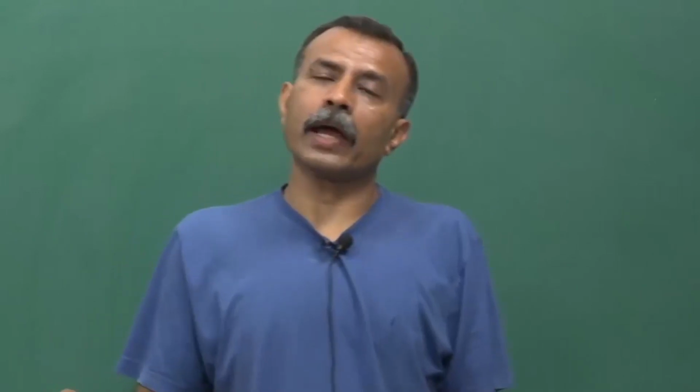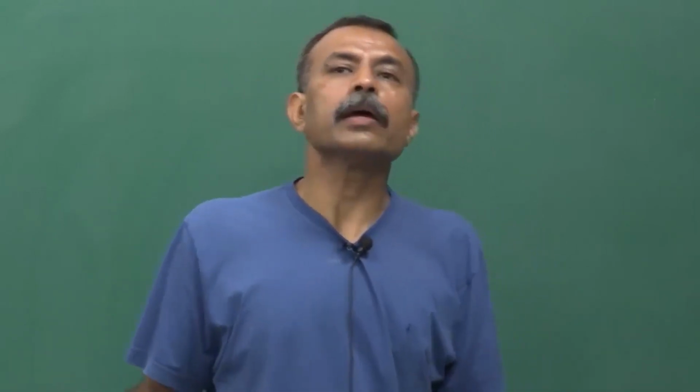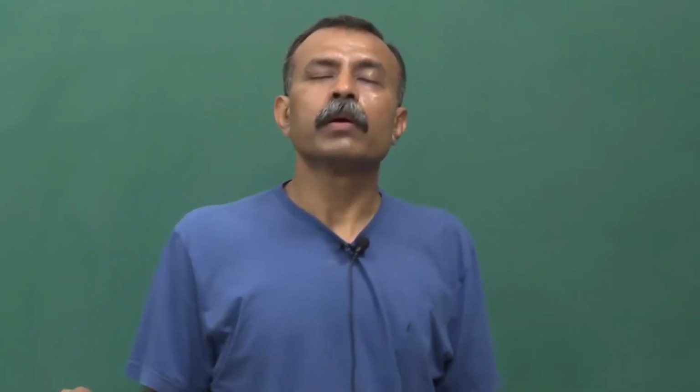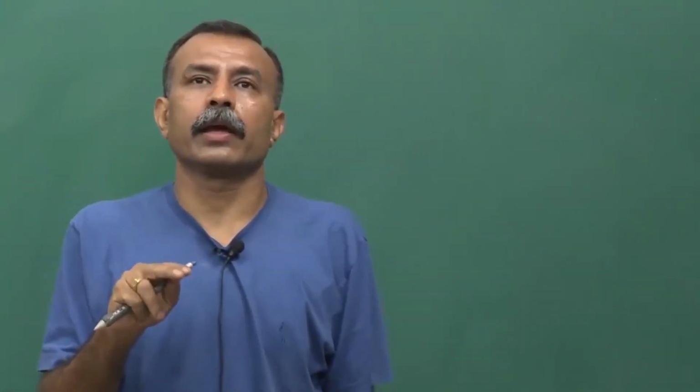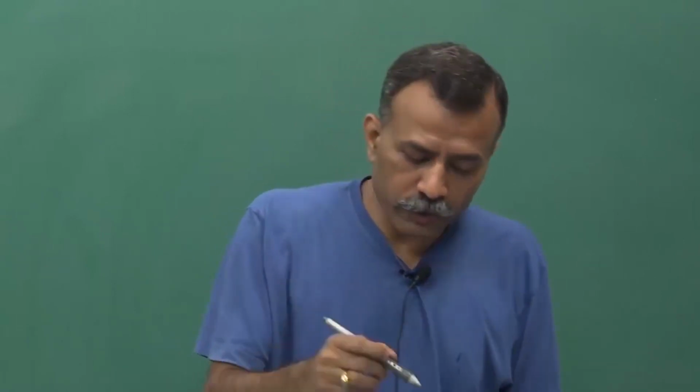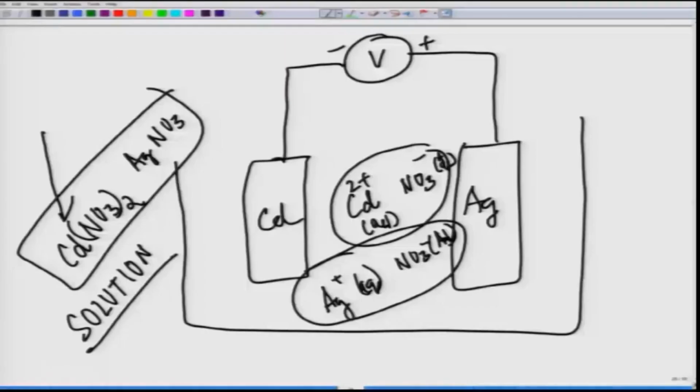Okay. We have cadmium and AgCl electrode in cadmium chloride. Now, third situation I am talking about, I have two different electrolytes and I am mixing them together. Two different electrolytes are cadmium nitrate and AgNO3, silver nitrate, and my electrodes are cadmium and silver.